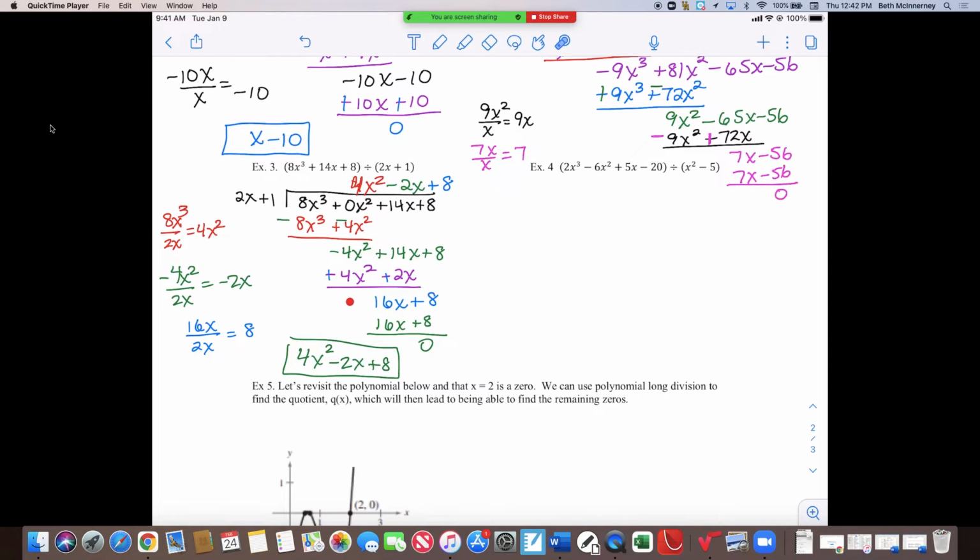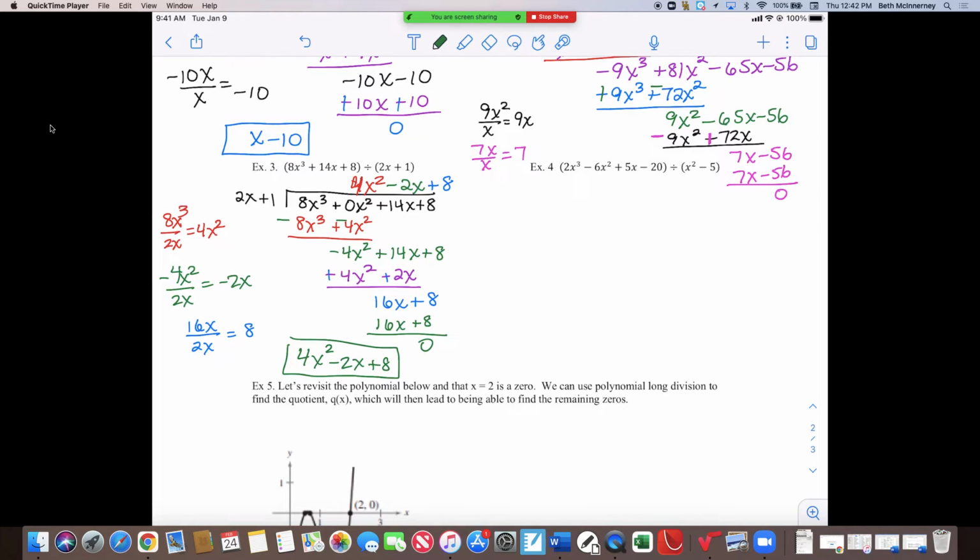So when you subtract your quantity, you're taking the opposite of whatever that is. So then those canceled, and then 14x minus a negative 2x becomes a plus 2x. So what I'm doing is I'm just taking the opposite and adding, or you can literally subtract. You choose. But don't mix up the two. Okay?